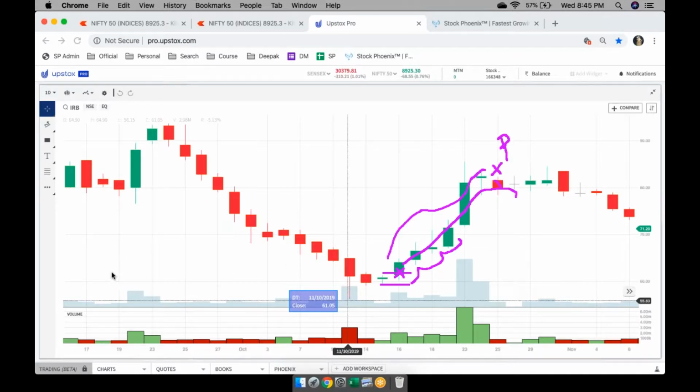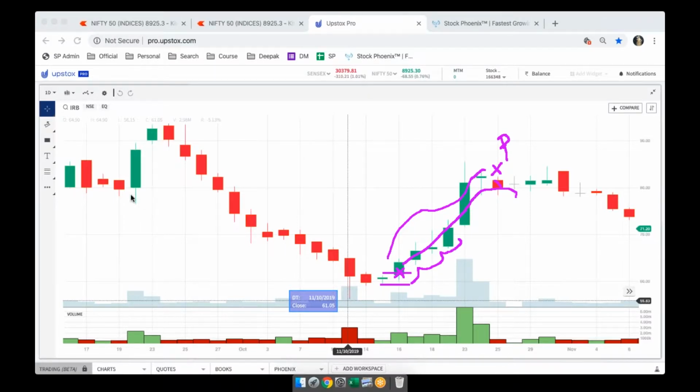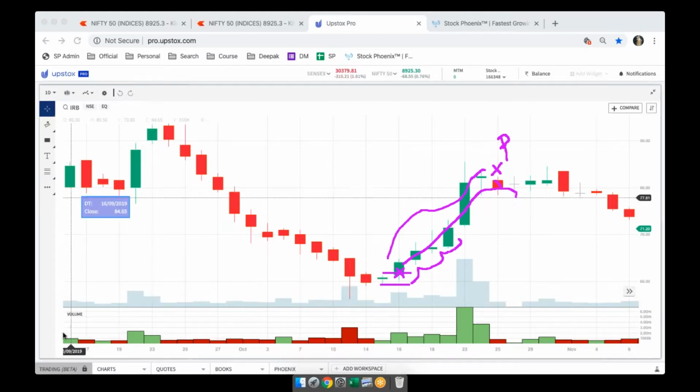So this is called trading with candlestick patterns. You can have a risk reward ratio of 1:2, 1:3, even 1:5. Where can you get 1:5?